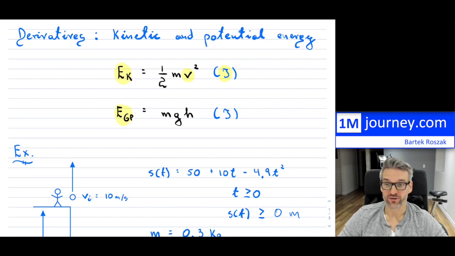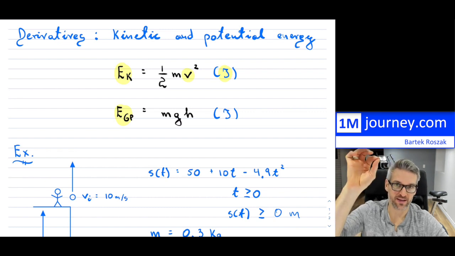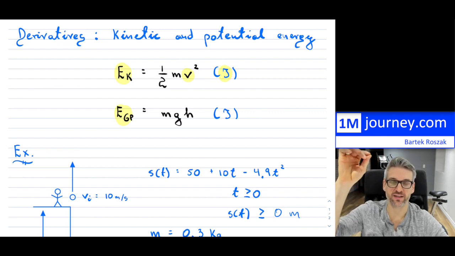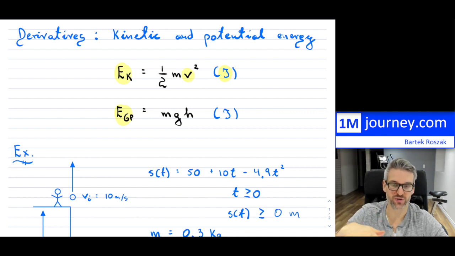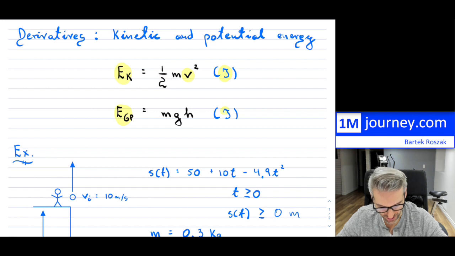Now, that energy is equal to the mass of that object multiplied by g, which is the acceleration due to gravity, which is going to be 9.8 meters per second squared, and then the height, or the distance that it is away from the actual surface, or the ground. And the unit also is joules.